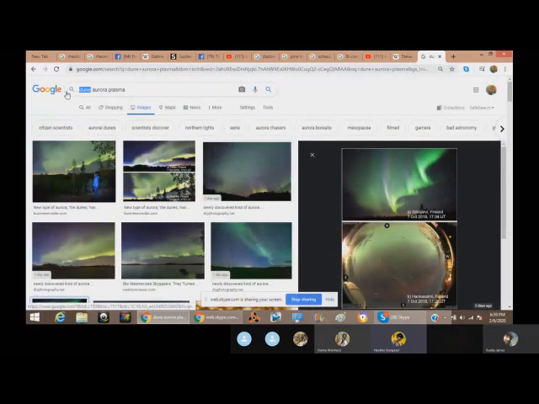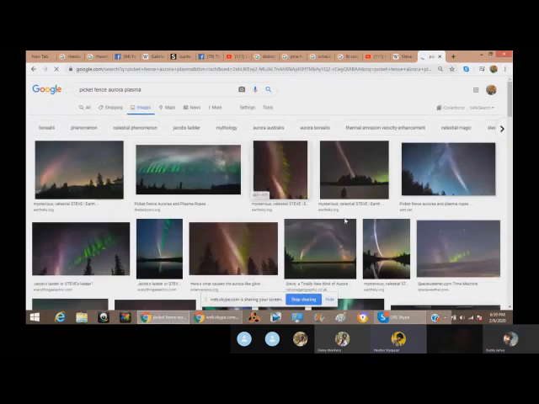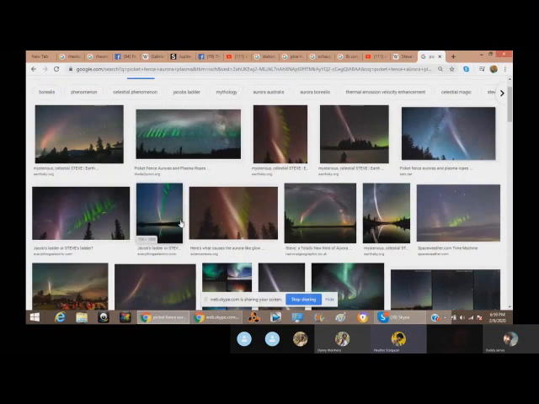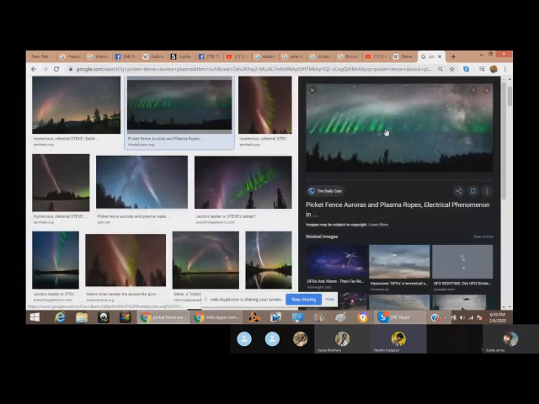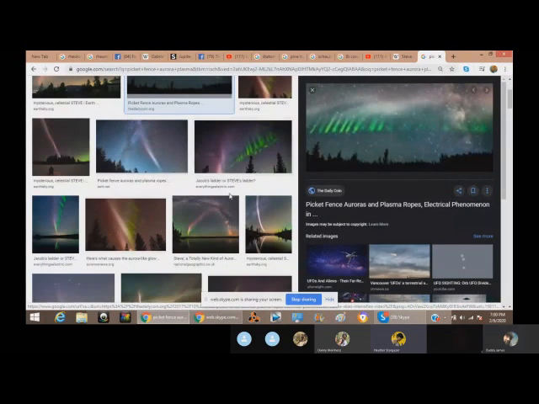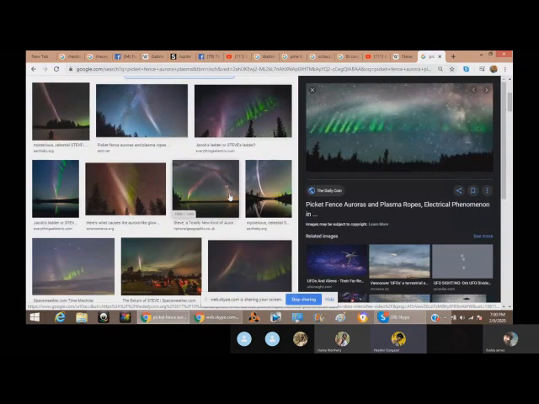And my thought is that if the magnetic poles are changing, if there's a migration of them, then there's those picket fence ones. Aren't they crazy? We will begin to see different types of auroras because that is hitting our atmosphere at a different angle than it was previously.